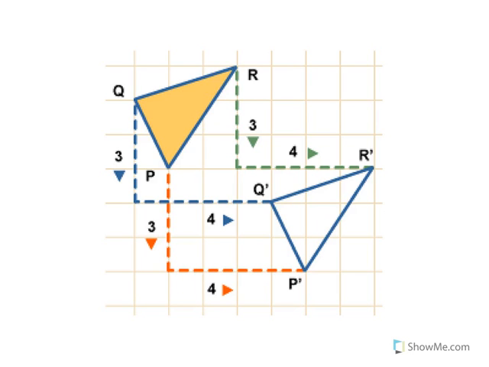We talked about in translations that every point has to move the same distance and the same direction. You'll notice that every point on here is moving down 3 units and right 4 units, every single point.